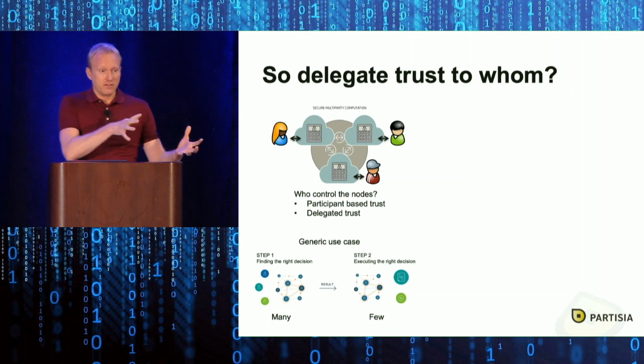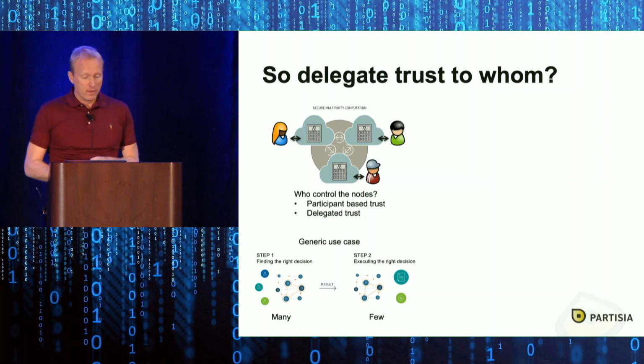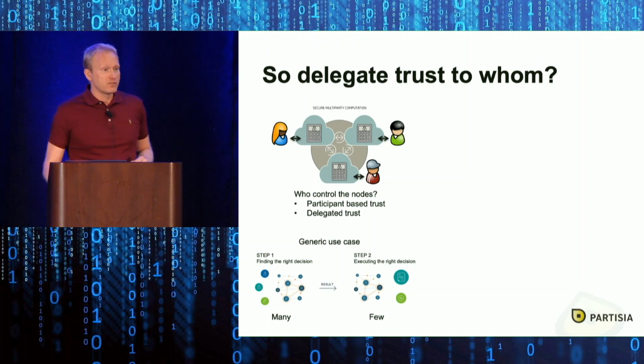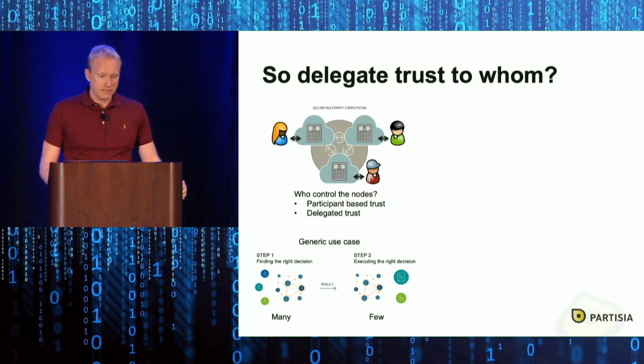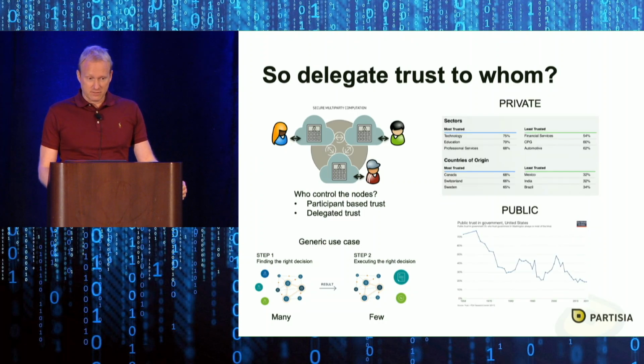So in the first step, you might need to delegate the trust to some more generic type of nodes that could be ready to run these computations whenever needed. So who should those nodes be? You should go in and find some of the trustworthy institutions in the society.